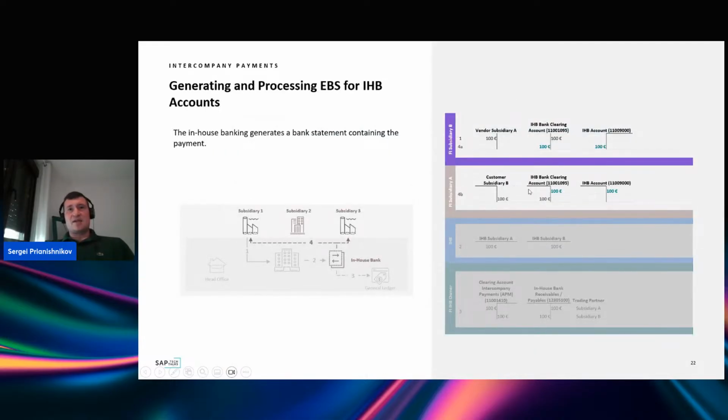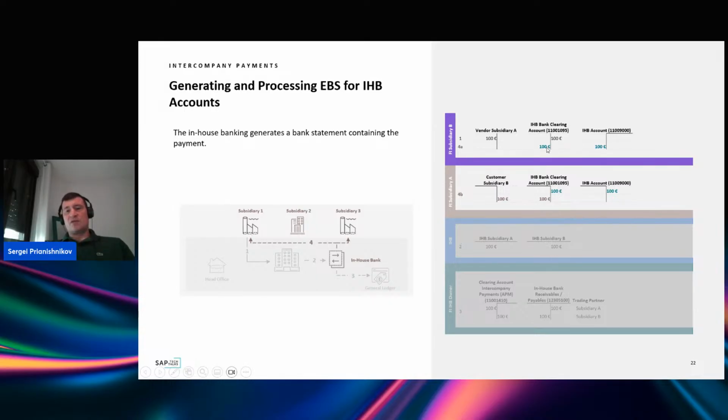The next step is the end of day process, and as part of it, the system generates a bank statement for the in-house bank account and sends it to the subsidiaries. Here we can see that the system generates two bank statements, sent to subsidiary one and subsidiary three.